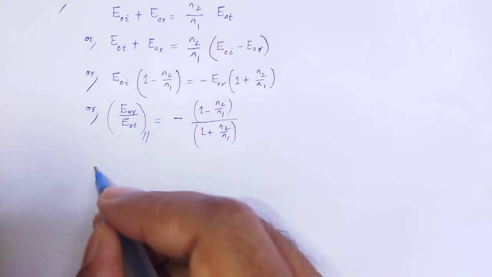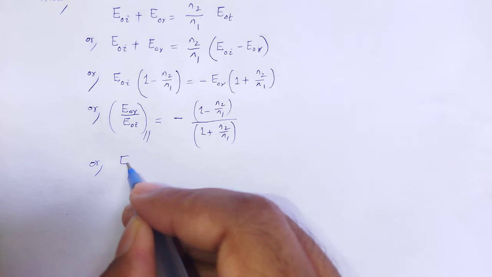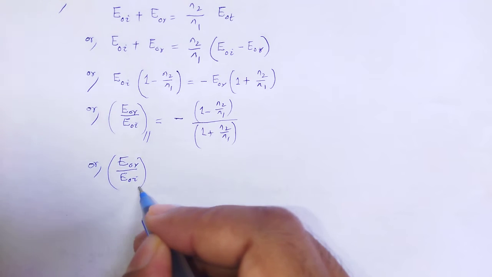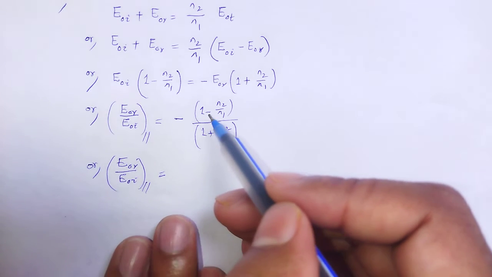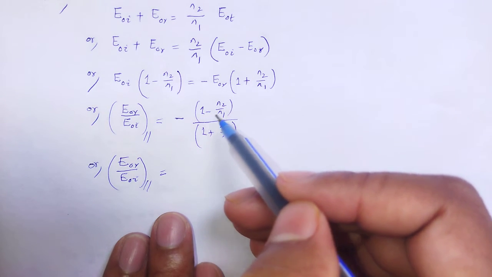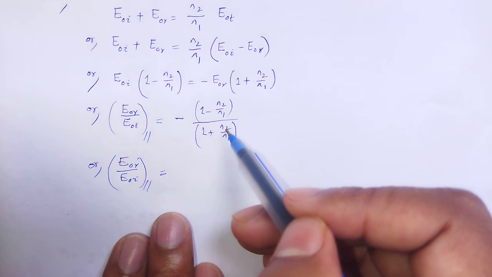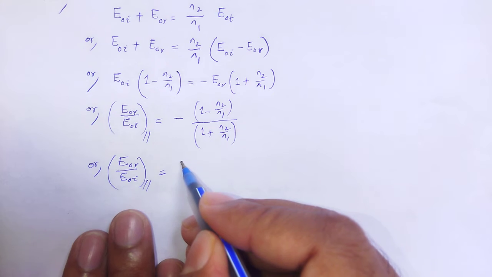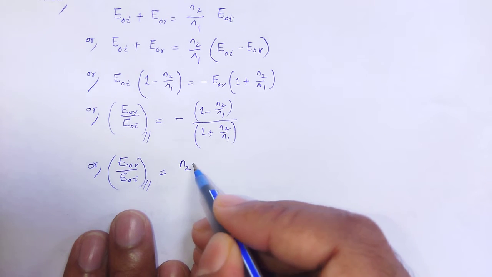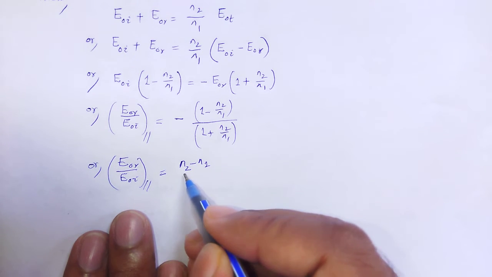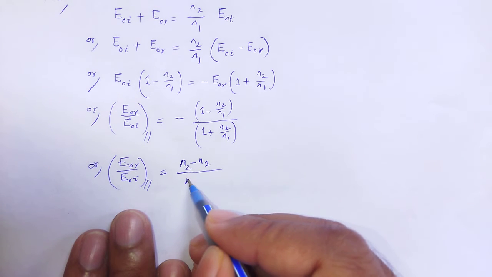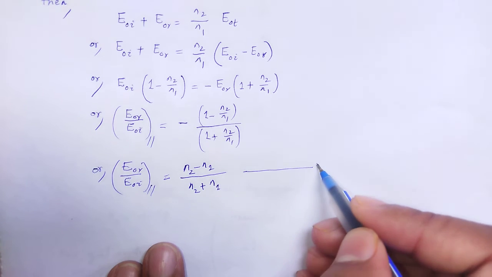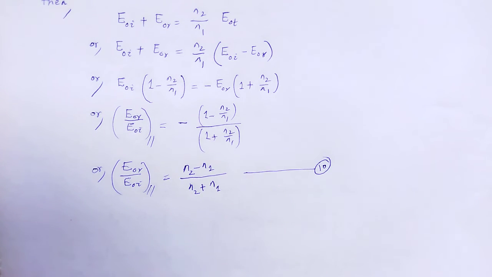Under simplification, we have E0R divided by E0I at parallel, that is N1 minus N2 divided by N1, here N1 plus N2 divided by N1, N1 and N1 cancel out when that minus is multiplied. So we have N2 minus N1 divided by N2 plus N1, that is equation number 10.